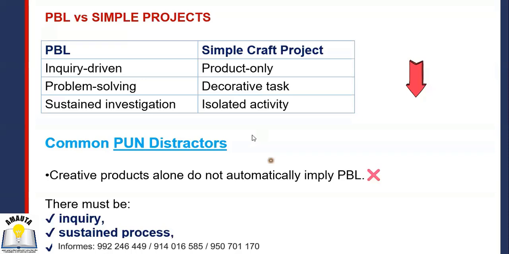What are the common PBL distractors? Well, for example, confused created products that are isolated. Okay, if they are creative, it doesn't mean that they are PBL products or evidences, right? Project-based learning doesn't mean that.